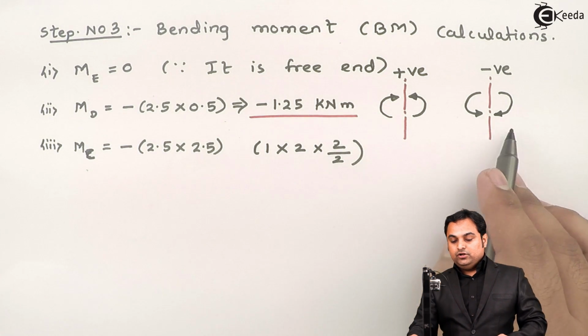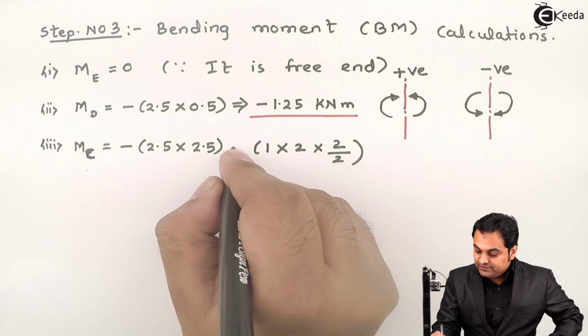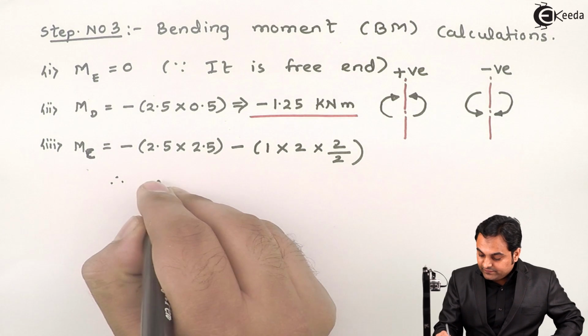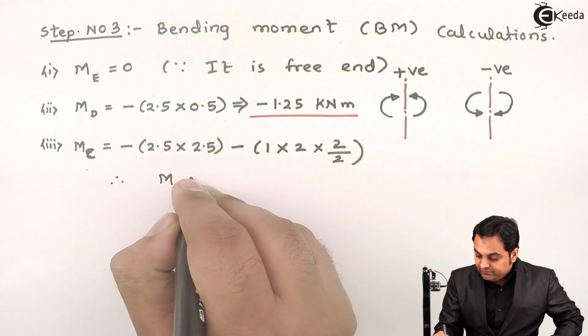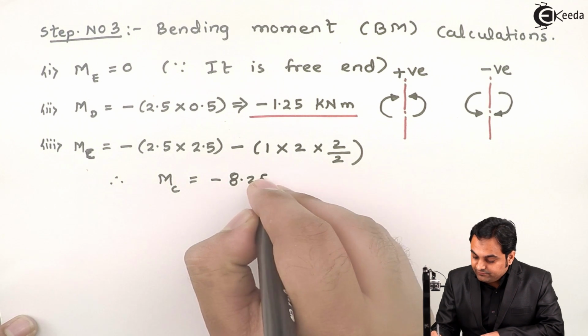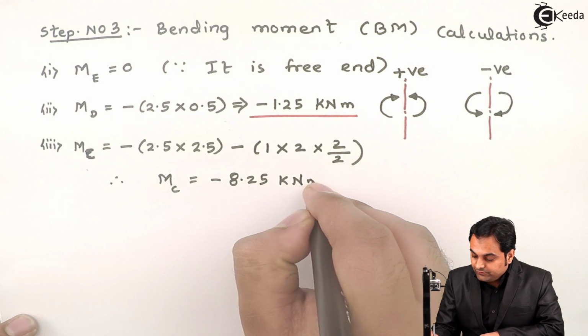So on the right side of the section clockwise moment is negative. Therefore, on calculating this, moment at point C will come out to be minus 8.25 kilonewton meter.